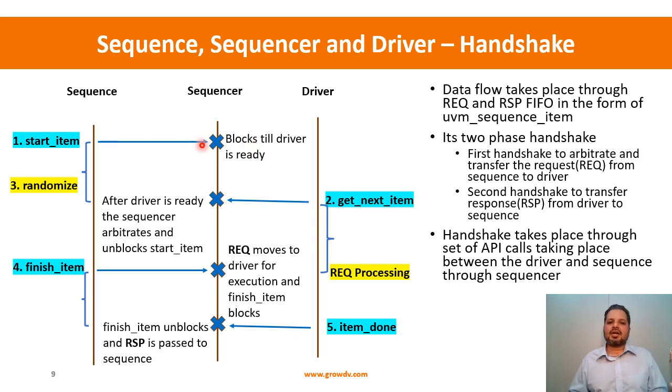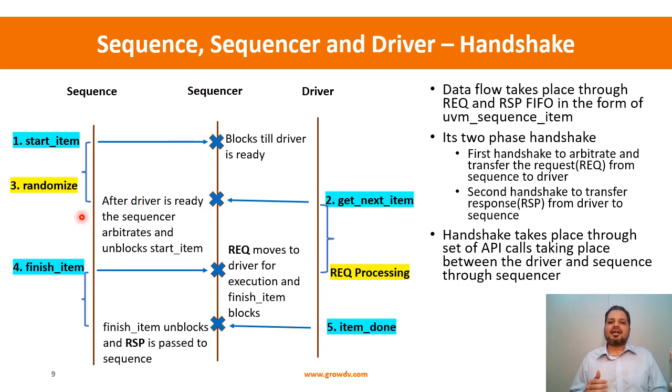So we call start item, but it just blocks till the driver is ready. Eventually the driver gets ready and calls get next item on the sequence item port, which is connected to the sequencer. When it calls get next item, it tells the sequencer that the driver is ready.